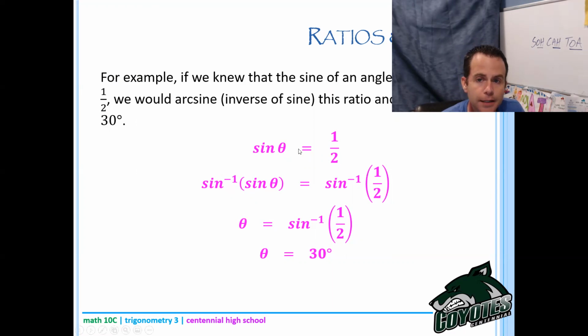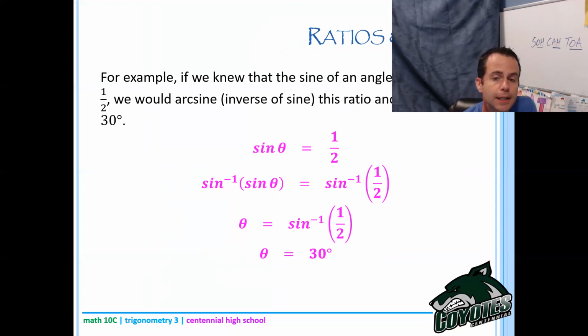Now, mathematically, this is essentially what we're doing. Remember I said that every question starts the same way. So that first line you see is still saying the exact same starting point that happened with every question we did in the last lesson. Sine of theta equals the ratio. Sine of theta equals 1/2 in this instance. Now, what we did is we arc sined both sides, okay?